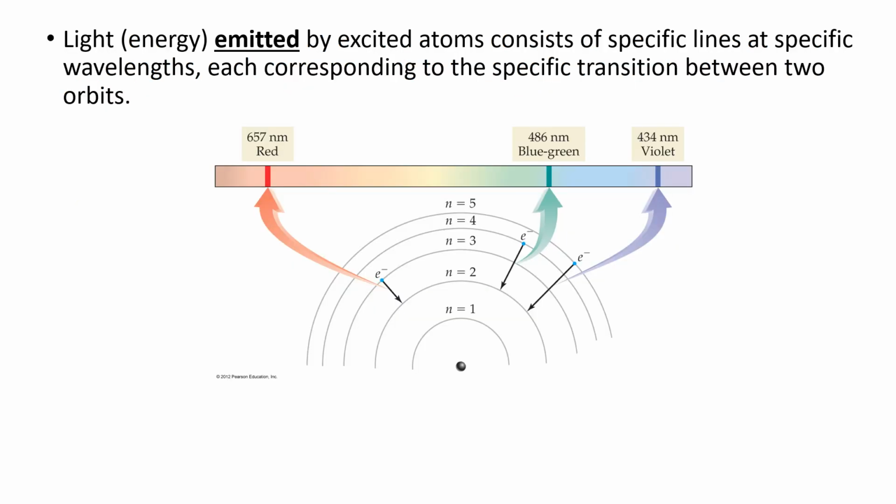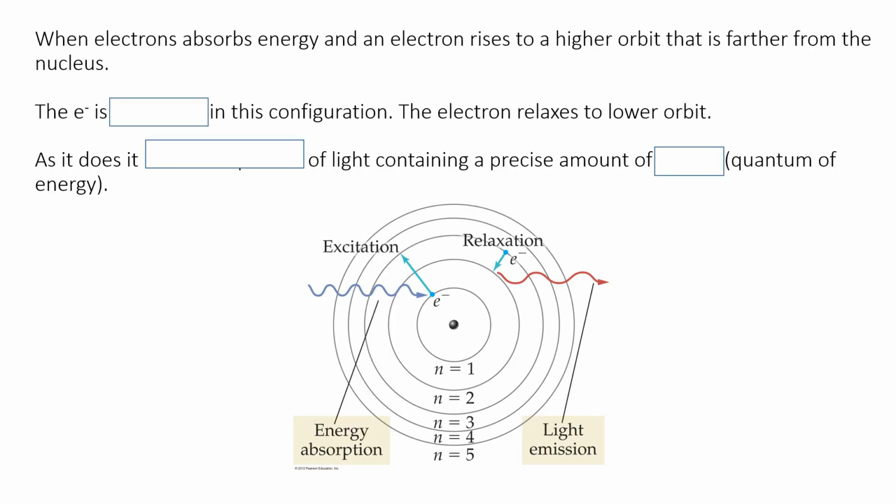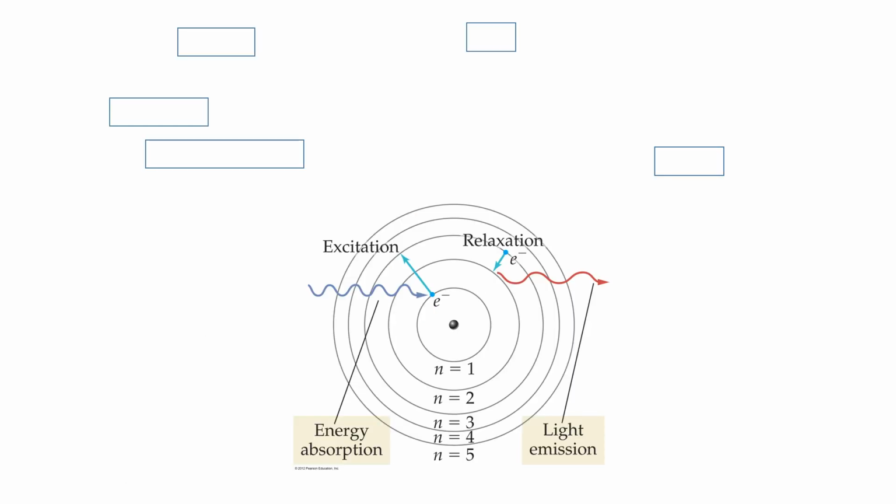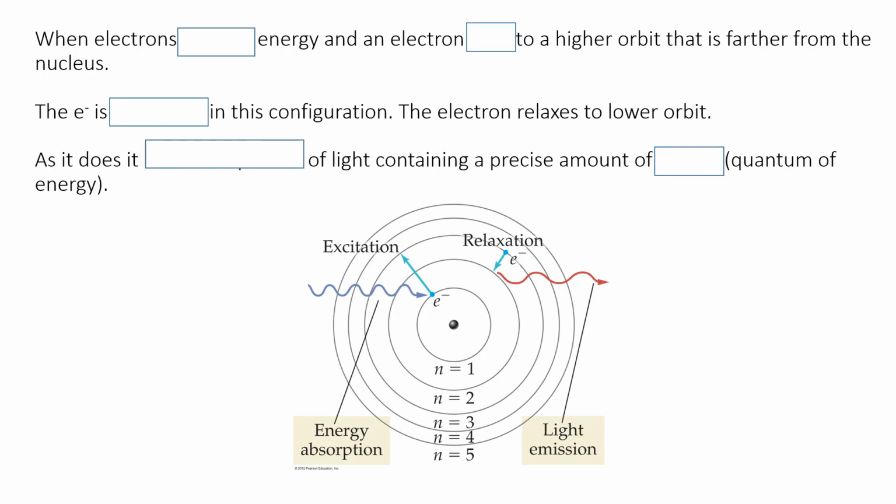All right. So now backing up, I'm just going to kind of quickly go through this. All right. So when electrons absorb energy, an electron will rise to a higher orbit.